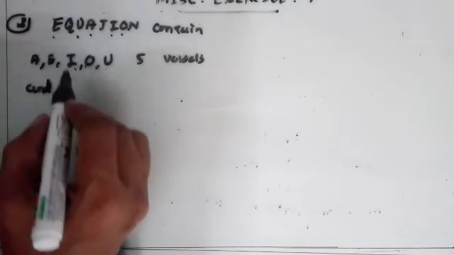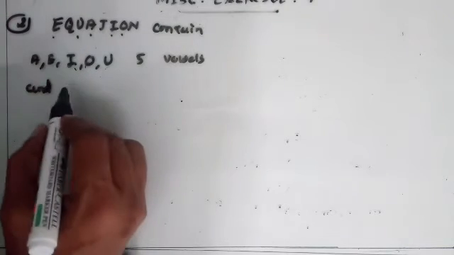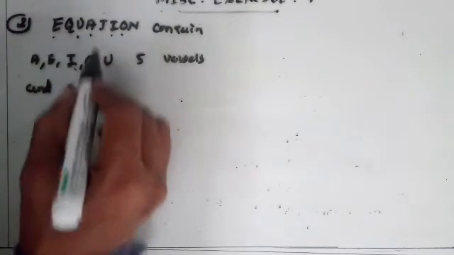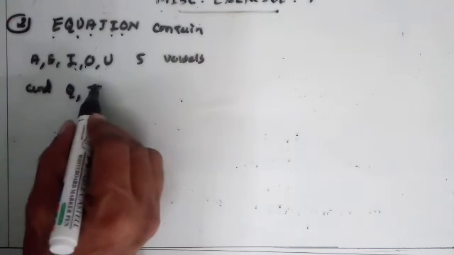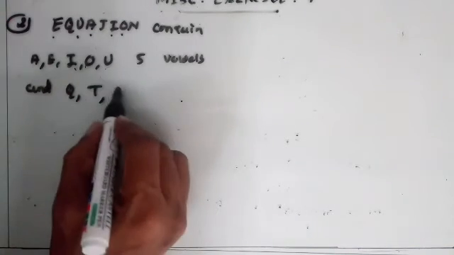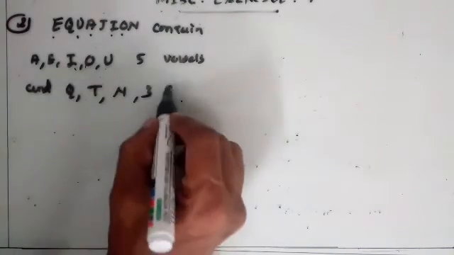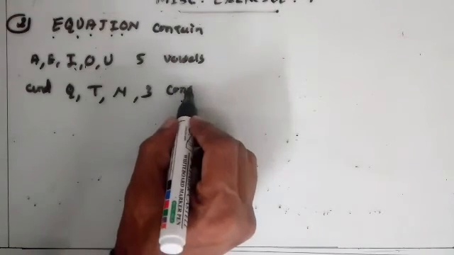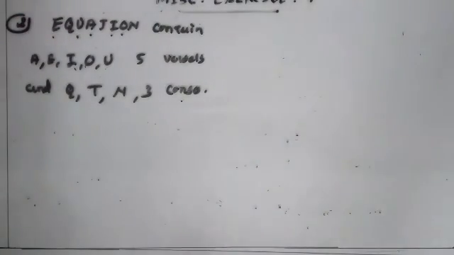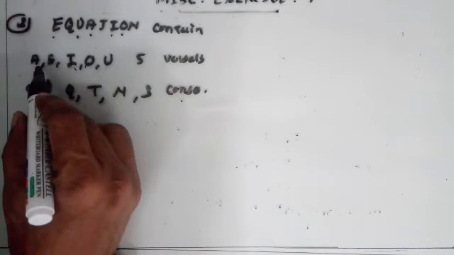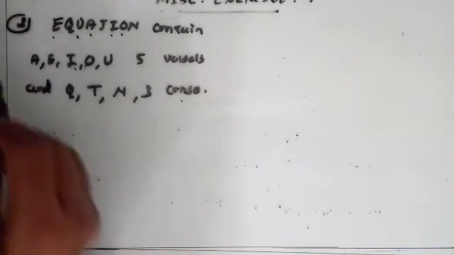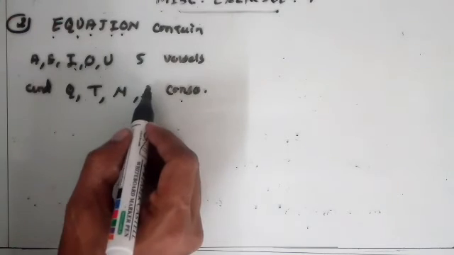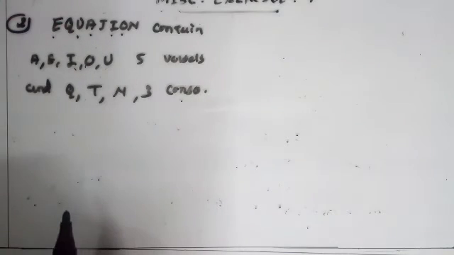And consonants: first Q, then T, then N, 3 consonants. Clear? Now the 5 vowels we make one group, and the 3 consonants we take as the second group.